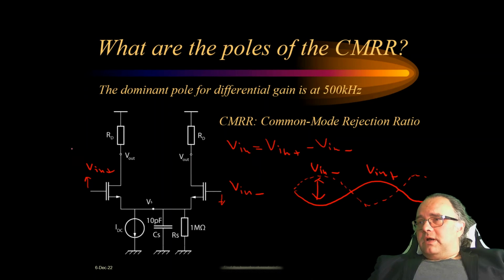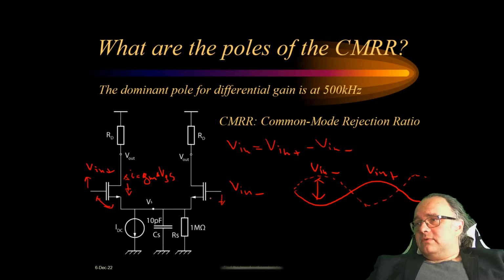So how does this circuit work? If, for example, this signal increases, it increases the VGS here. With a larger VGS, there will be somewhat more current flowing here, defined by the gm of this transistor and the change of the VGS.